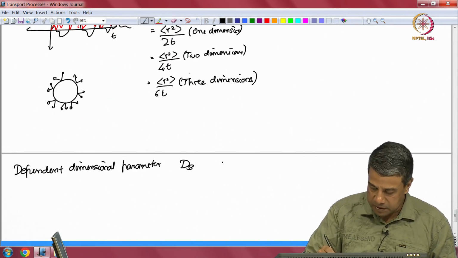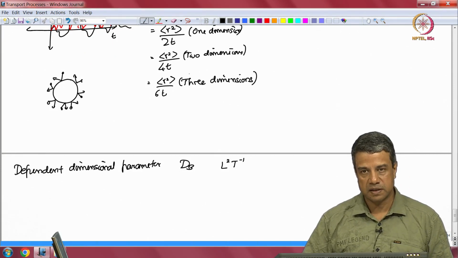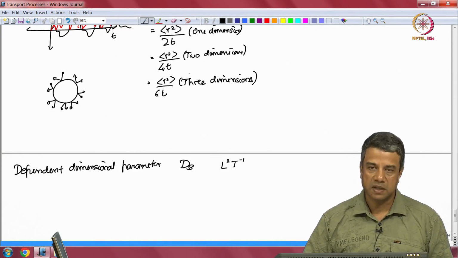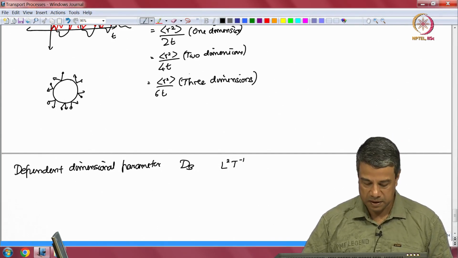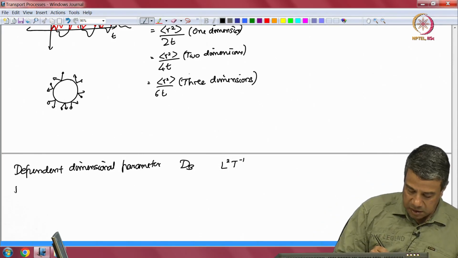So, the dimension of this is L square T inverse. That is why it is called diffusion coefficient. It has the same dimension as the mass diffusion coefficient, length square per unit time, that we had seen earlier. So, this is a dependent parameter, and the independent parameters.